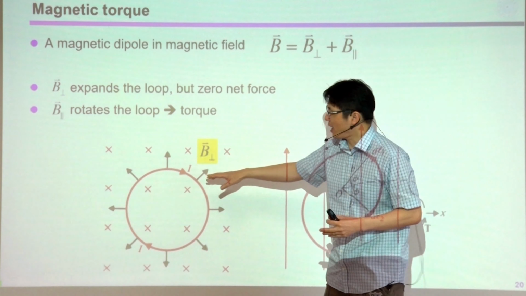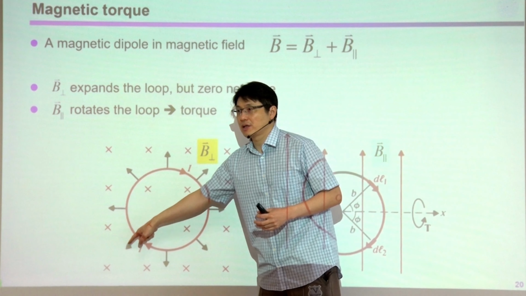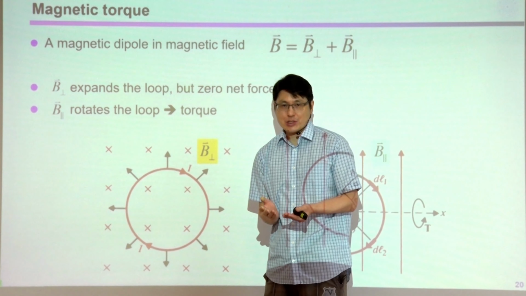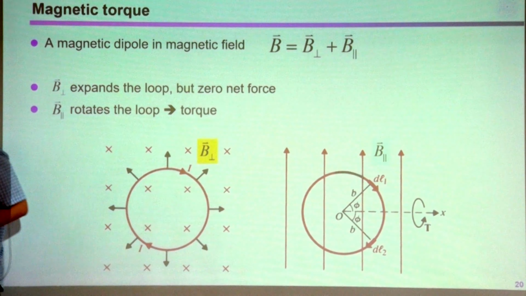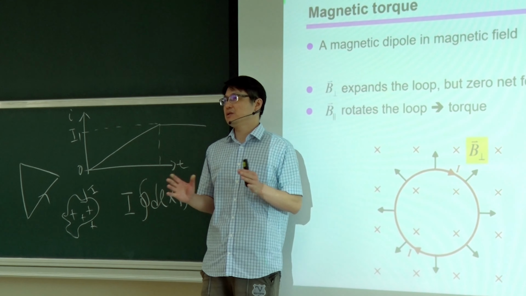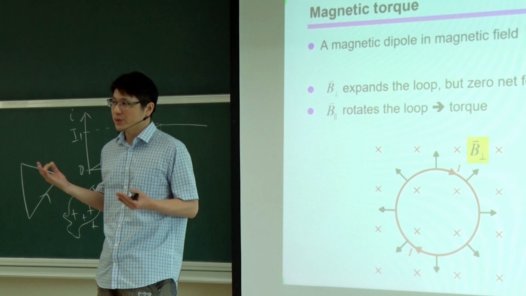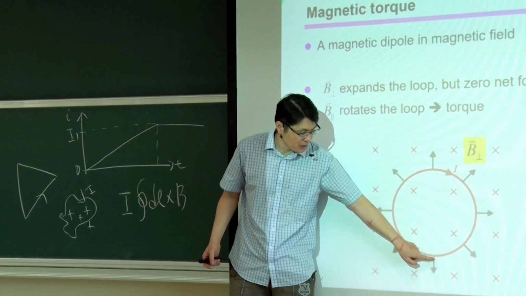And once you have a force circle, all the forces would tend to cancel out, right? So you ask yourselves, after that weird looking loop is expanded into this perfect circle, what is the net force? 0, right? This one is canceled out by this one.